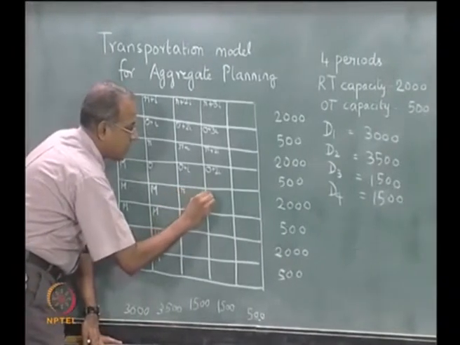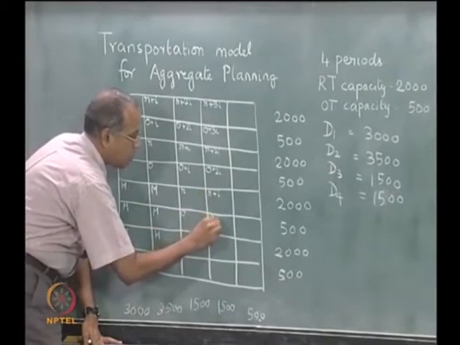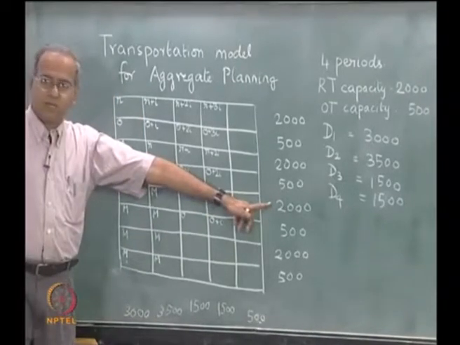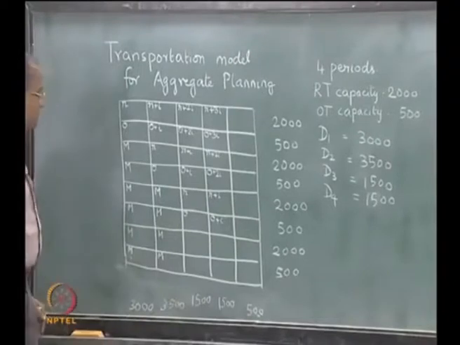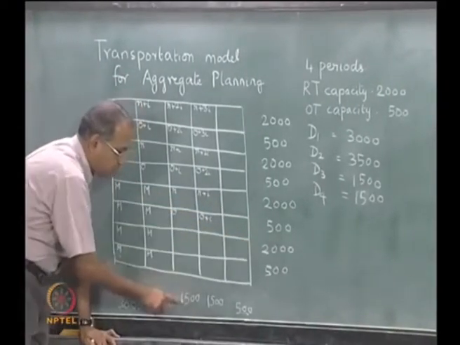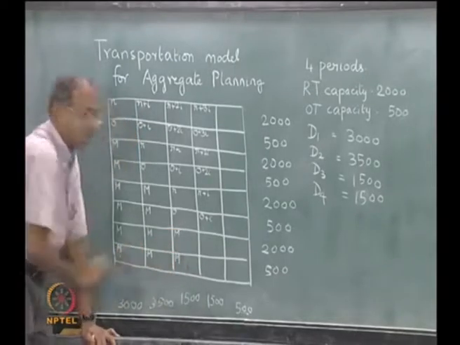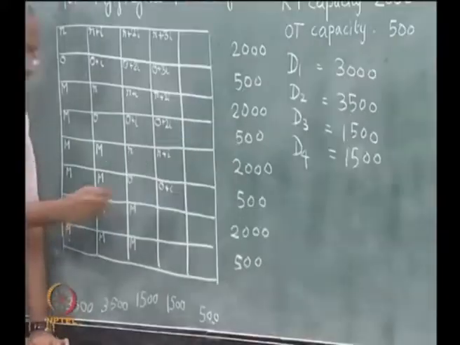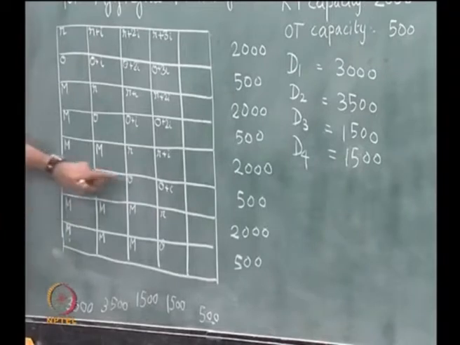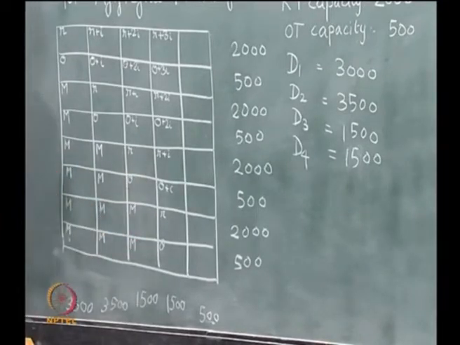So, the cost will be R here, R plus I here, O here, O plus I here, and I cannot use the fourth month's capacity to meet the third month's demand. So, this will be big M, this will also be big M. So, for the fourth month I will have R here, I will have an O here. Please note that these are O, so that I can distinguish them from 0.